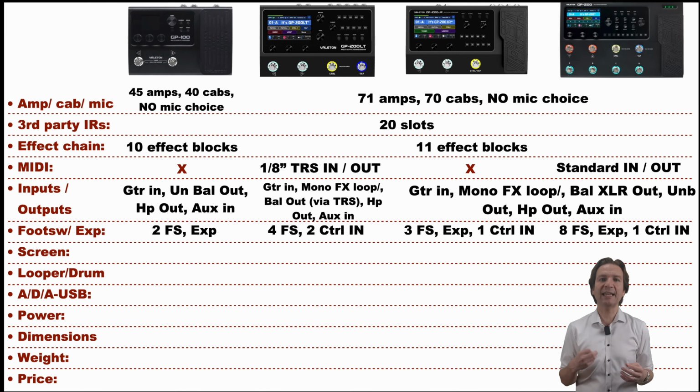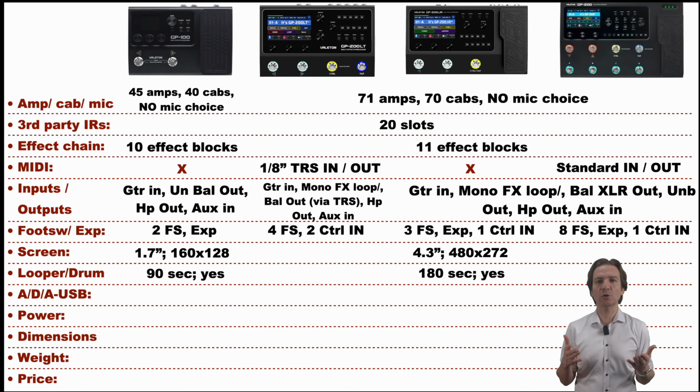The GP100 has a smaller screen compared to the other units, which all offer a 4.3 inch screen, not touch sensitive. The GP100 offers a 90 seconds looper, where the other units double the time at 180 seconds.